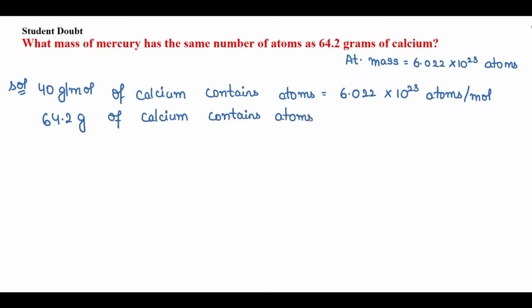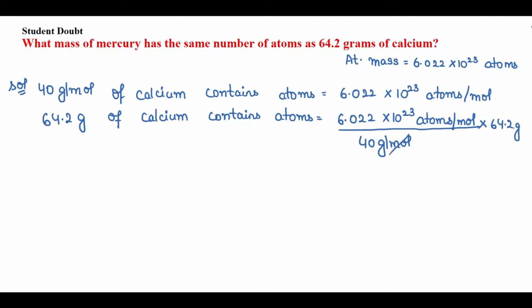atoms equal to, now I am applying the unitary method, so definitely the value on the right side will be in the numerator. So Avogadro number of atoms, that are 6.022 into 10 raised to power 23 atoms per mole, divided by the first value on the left side, 40 gram per mole, into the second value, 64.2 gram.